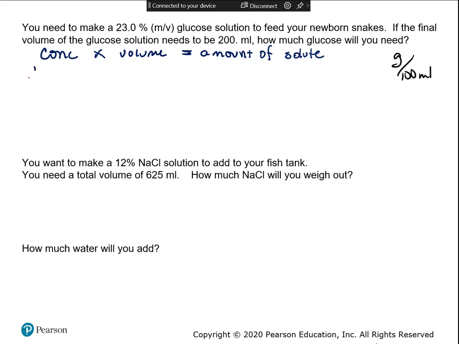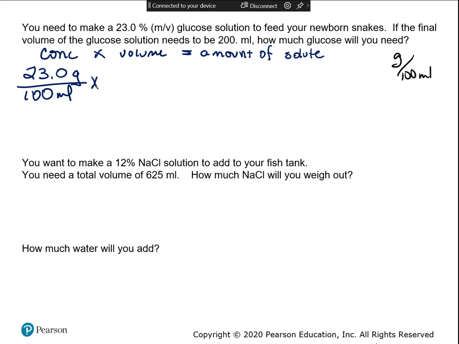23.0. What does the percent mean? What do you put after 23.0? Grams divided by 100 milliliters. That's what percent means. So take percent and convert it to grams per 100 milliliters. And now I need to multiply it times the volume.